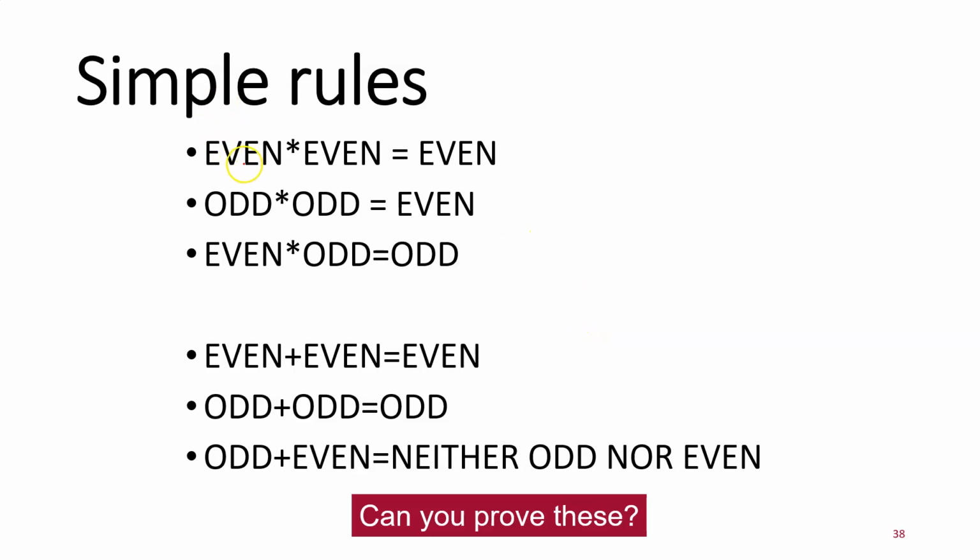When you have even function times even function, you will get also even function. Kalau you darab fungsi genap dengan fungsi genap, you akan dapat fungsi genap juga. But when you have odd function multiplied with odd function, you will get even. And even times odd, we get odd.